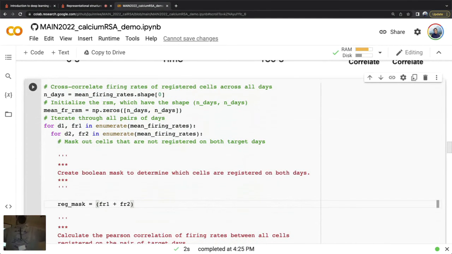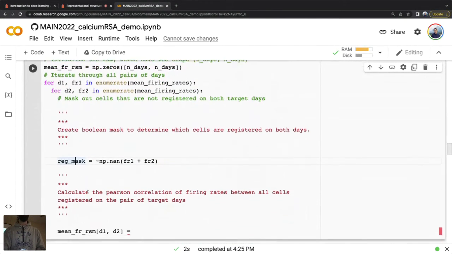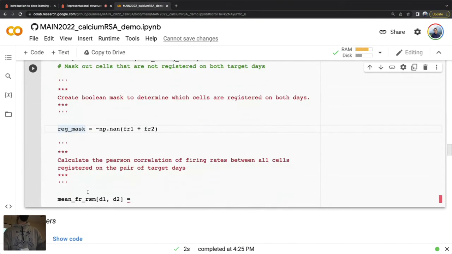So we could add these two firing rates together and just say whatever's not a NaN among these 2 days of recordings, those will be the neurons that we've actually identified on the pair of days. So I call this reg mask because it's the registration that shows this neuron was recorded on both of these days. So now you have this mask to identify which neurons exist on both days.